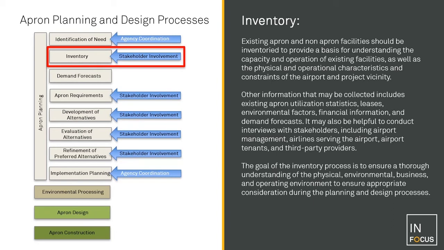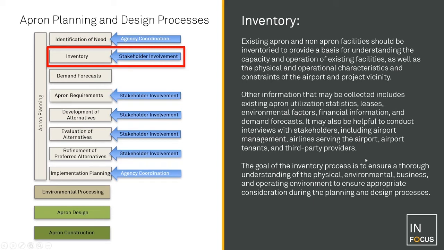And so to understand what's happening with ground service equipment, the operators need to be involved in the planning process because of the different equipment types and the different processes that the different airlines require. It can be very unique from one to the other, and so it's very important to get this information in there.